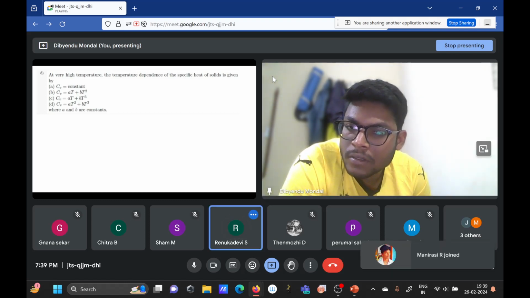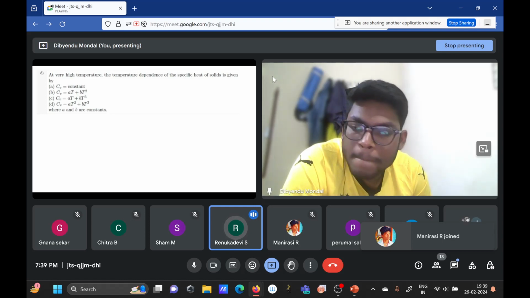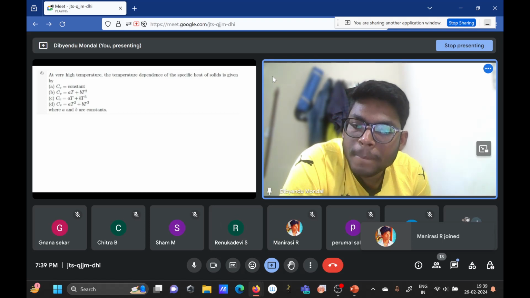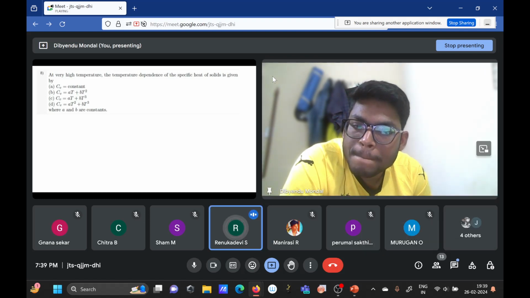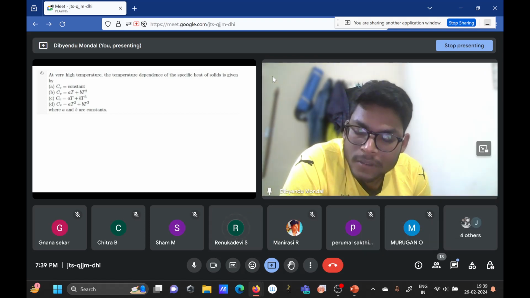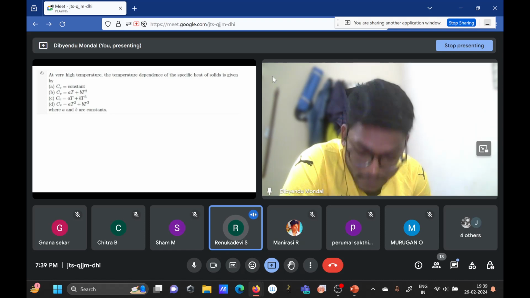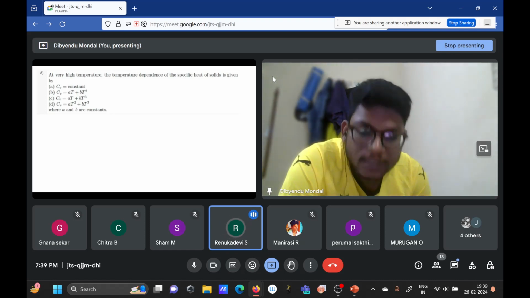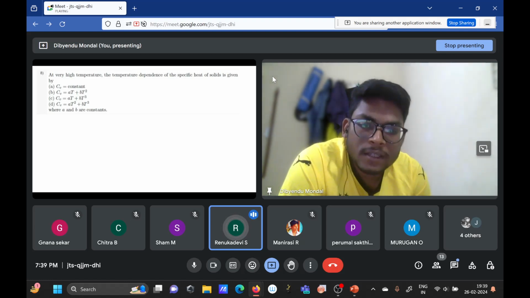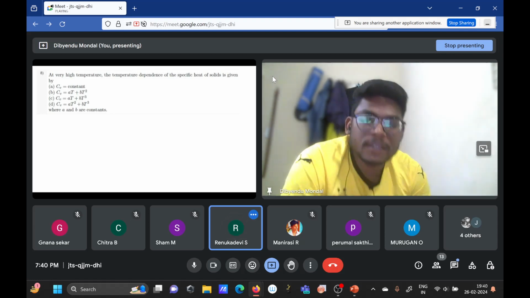Solids means option C, correct, sir? Why option C? Sorry, CV is constant. Sir, CV is constant. Yes. At high temperature, the theory is also constant. CV is equal to 3R. Yes, but at low temperature only the value will be changed. Yes, absolutely correct.